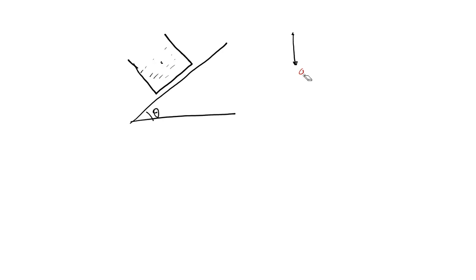So this is g and the horizontal plane makes angle theta. If I see, this is 90 minus theta and this will be theta.